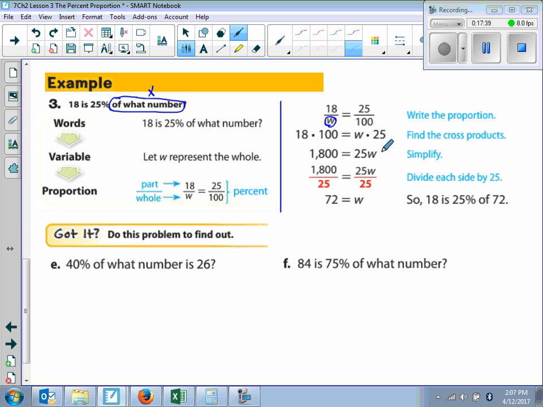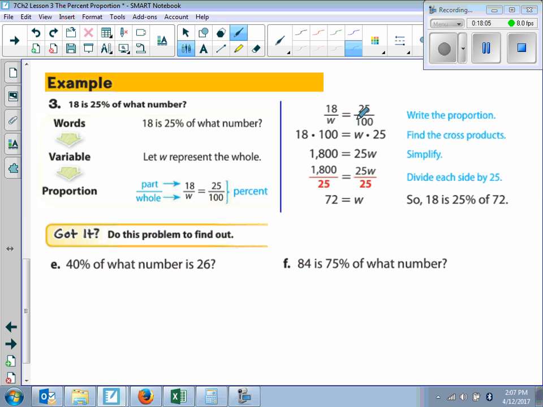Then, what is 18? The 18 is the part, and of course 25, now don't forget, because it has the percent right next to it, that's the percent. Is that clear? All right, very good.